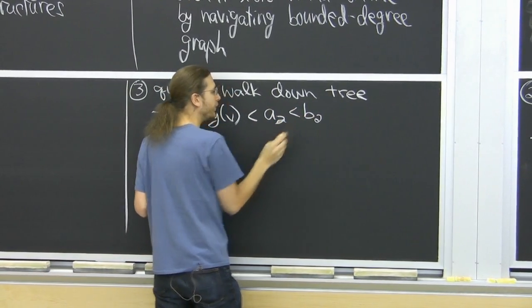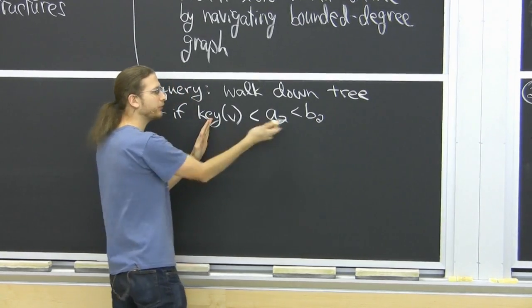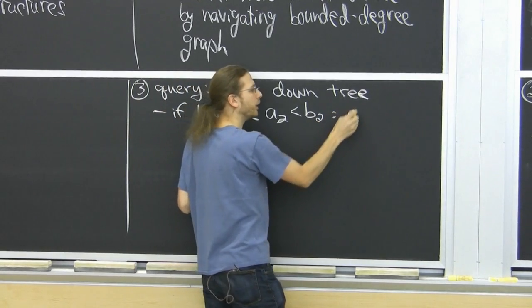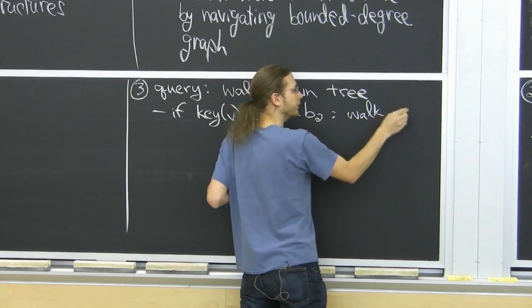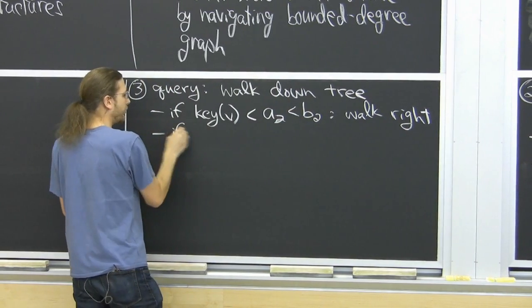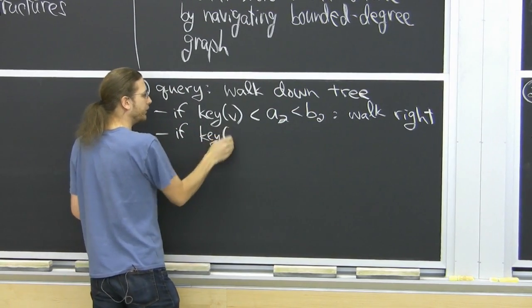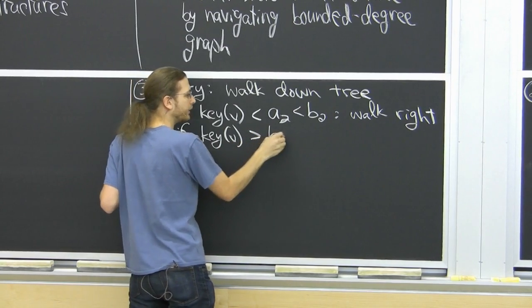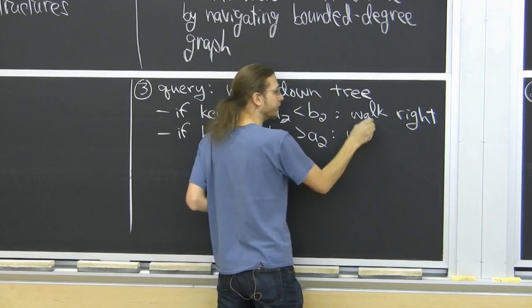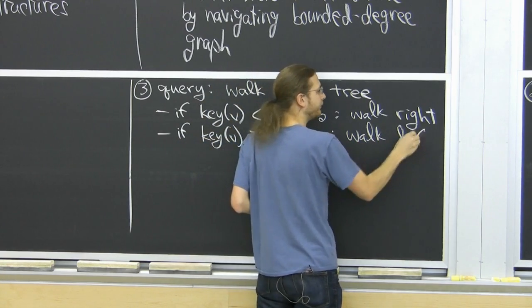And if the key of the node is to the left, that means the stuff we're interested in is to the right. So walk right. Okay. If the key of the node is greater than the interval, then walk left. That's sort of the easy case.